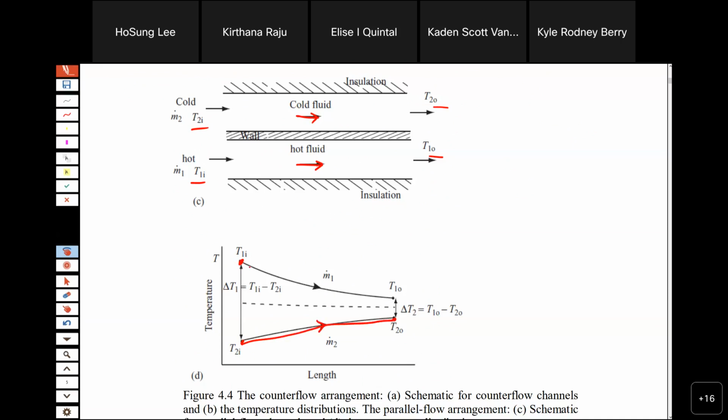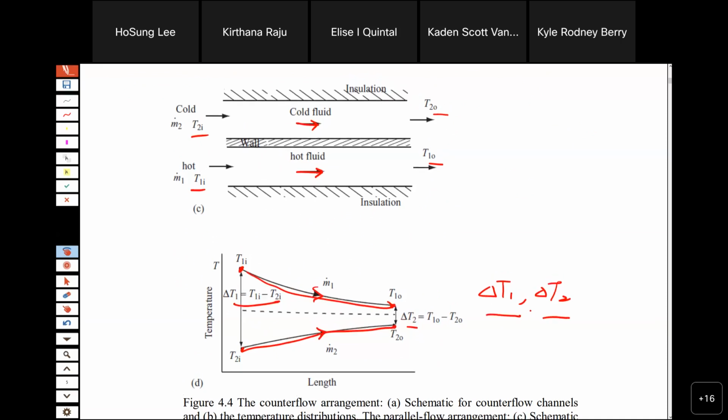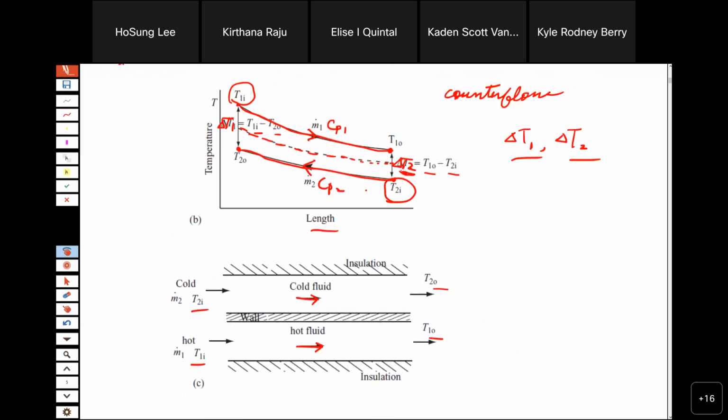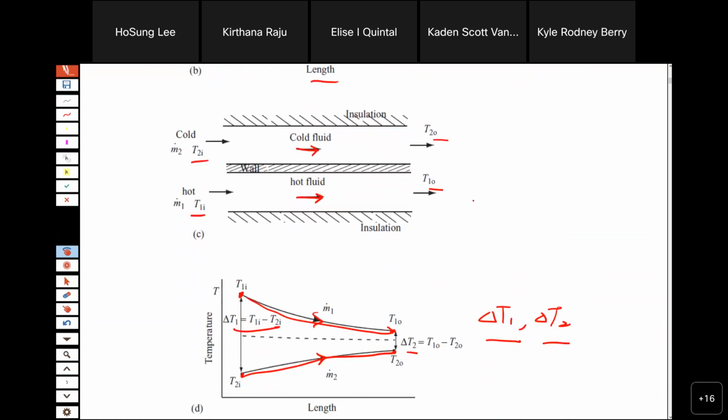So again, delta T1 is a difference, delta T2 is a difference, defined as long as you have the distribution. So you don't have to remember the equations for delta T1, delta T2 in parallel flow. I always draw the distribution and you get it. You have to follow it.